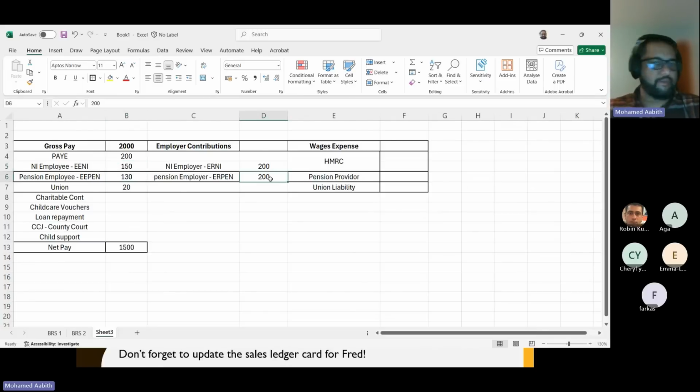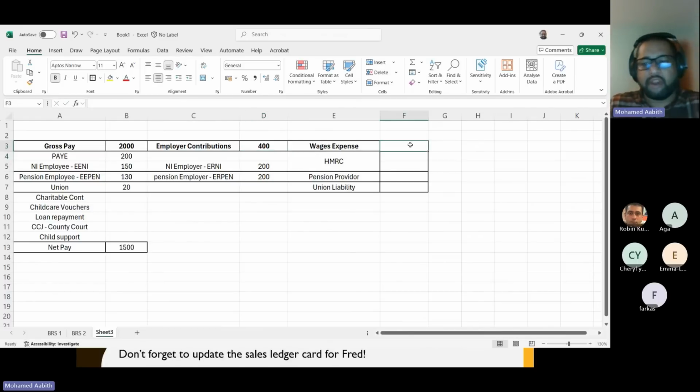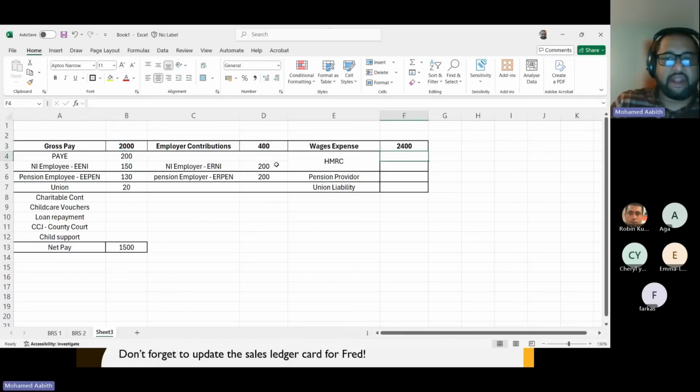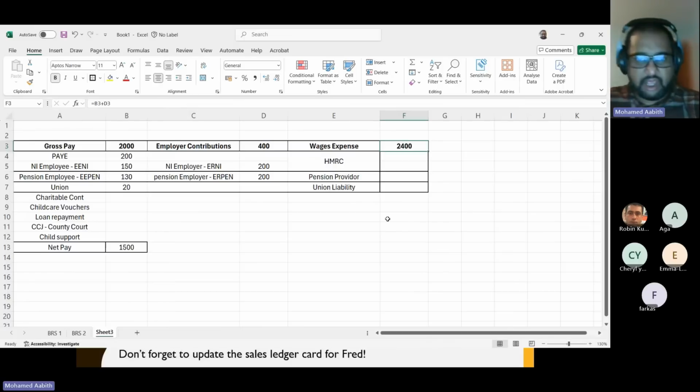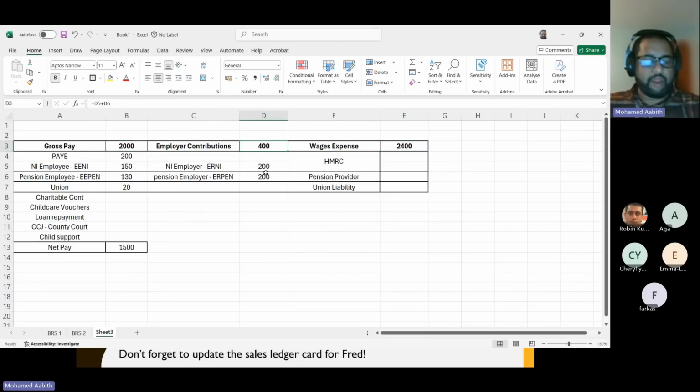The pension, they also pay £200 into the pot. So the employer contribution is going to be this plus that. That means my total wages expense to employ you per month is going to be that number. So out of that 2,400, you need to consider that 2,400 is what it takes to employ you, including your gross pay and the employer contribution.